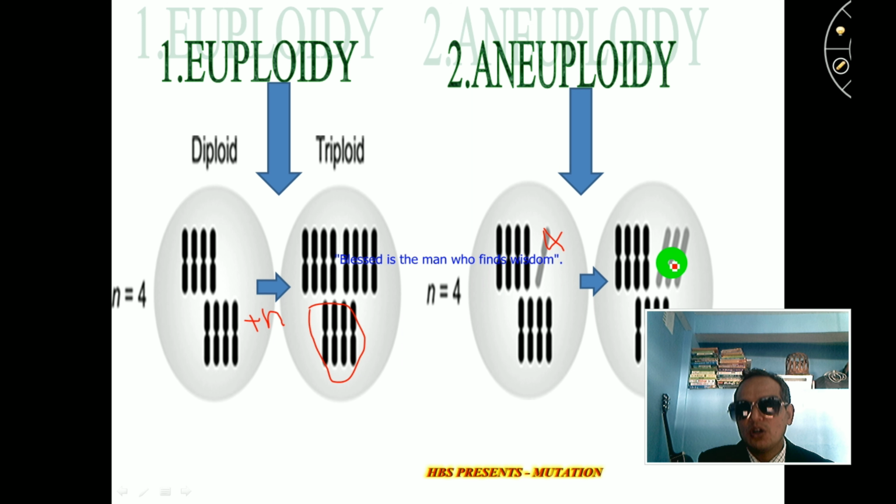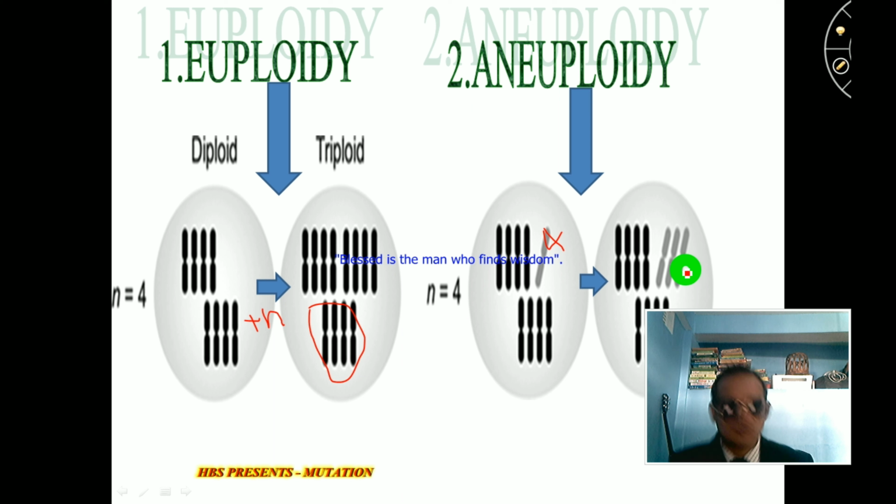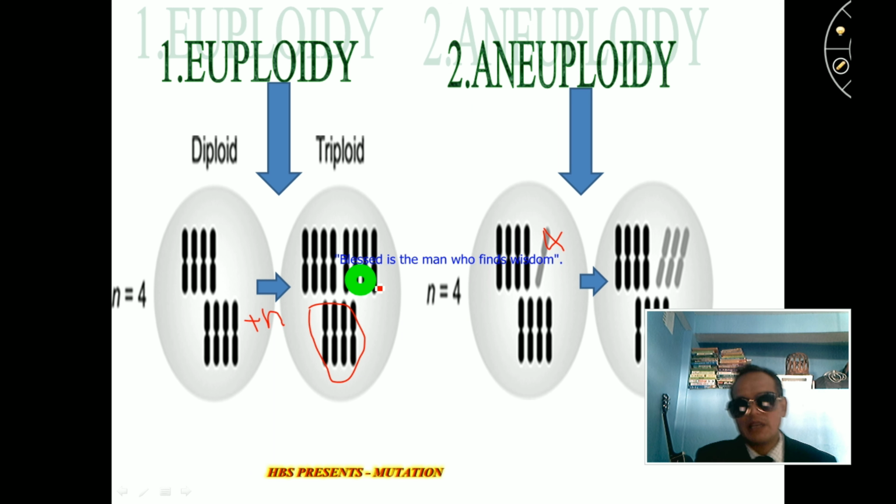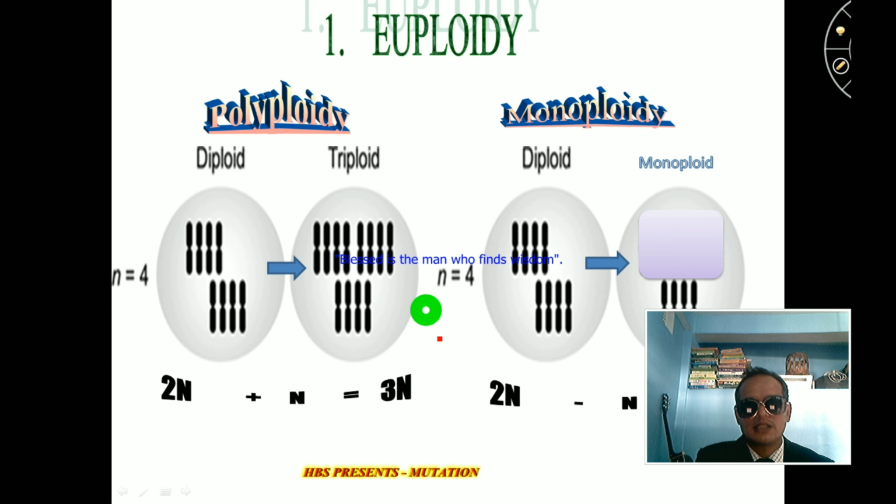So now only 1 or 2 or 3 chromosomes get added here. Sometimes 1 chromosome may be added in the mutated cell, or maybe 2 or 3, but not 4. If you add 4 chromosomes, then it becomes euploidy. Sorry, yes, it will be an example of euploidy. So this is how we need to understand here.